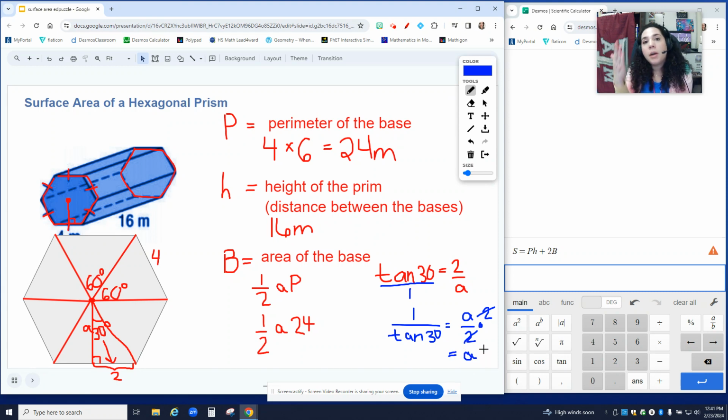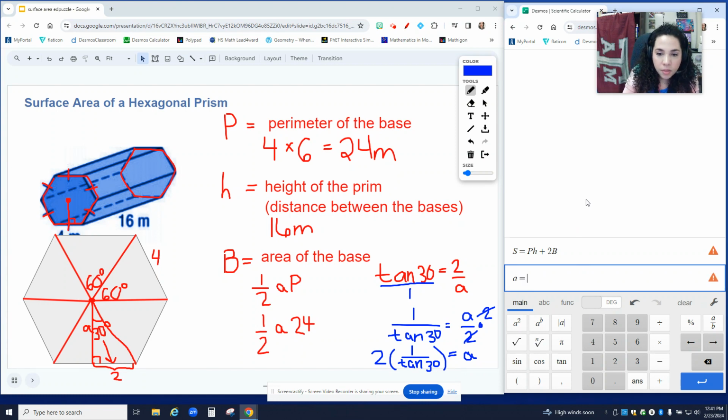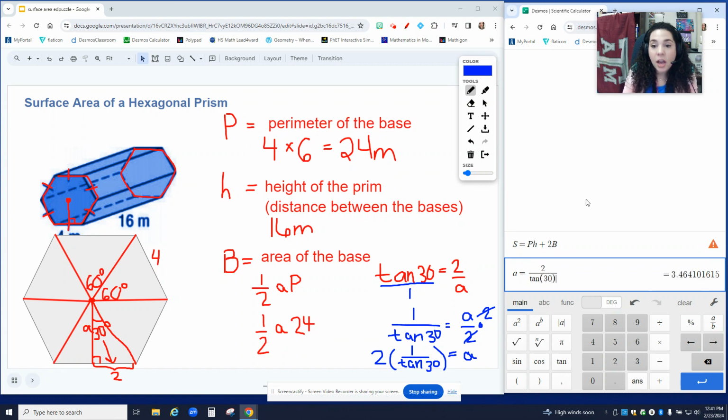If we multiply by 2 on one side, you've got to multiply by 2 on the other side. So we're going to multiply 2 times 1 over tangent of 30, which ends up just becoming 2 divided by tangent of 30. So you can use your calculator here to help you solve. So I'm going to say A, our apothem, is equal to 2 over tangent of 30 degrees, and our calculator is already in degree mode.